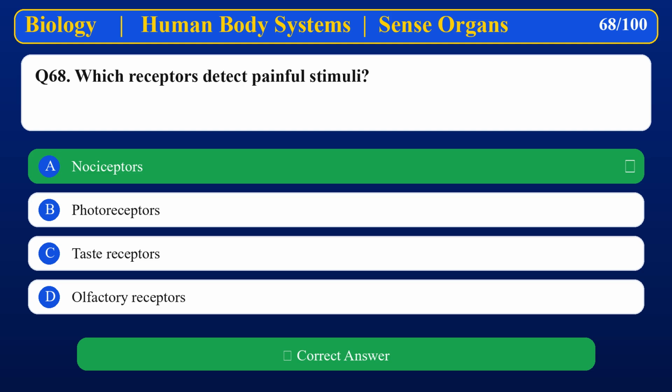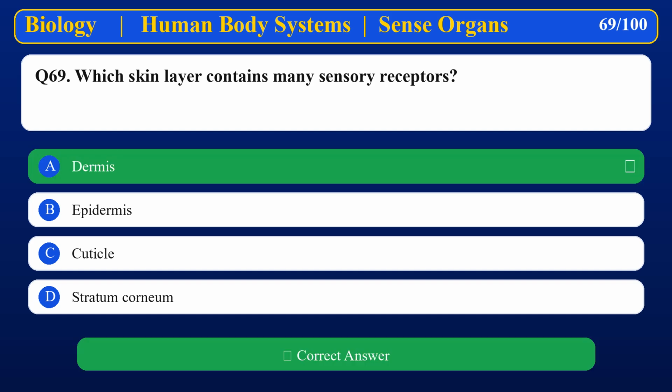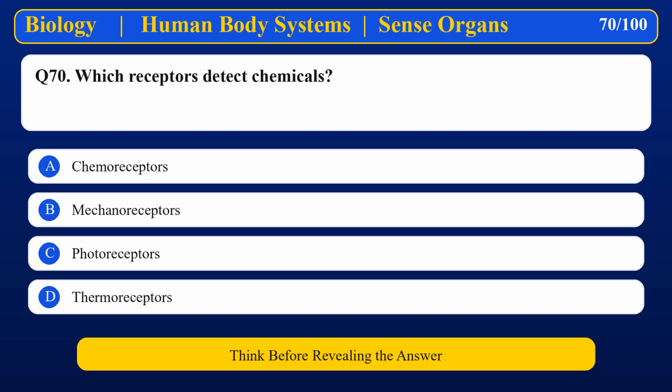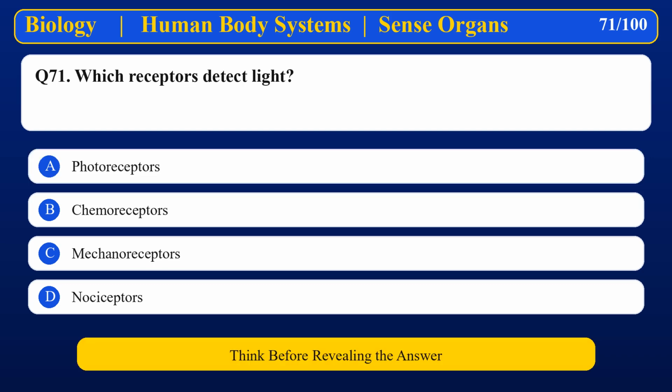Nociceptors. Which skin layer contains many sensory receptors? Dermis. Which receptors detect chemicals?